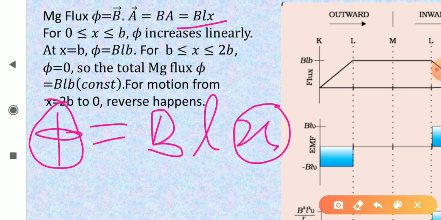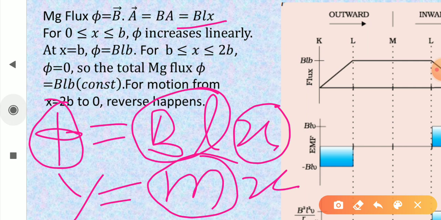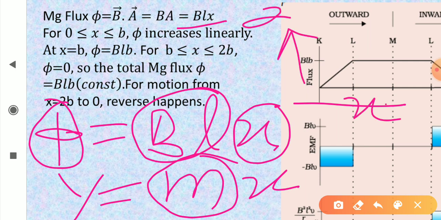It is an equation like y equal to mx, a linear equation where the slope m is equal to BL and y is equal to phi. If you look at this graph, this is x and this is the flux phi. So this is increasing linearly till it reaches b.